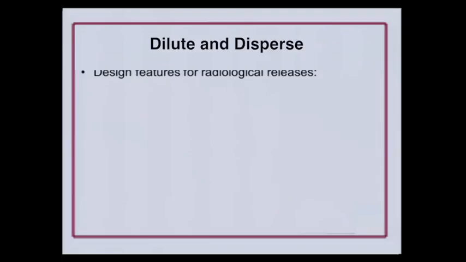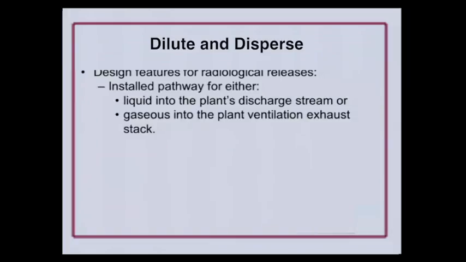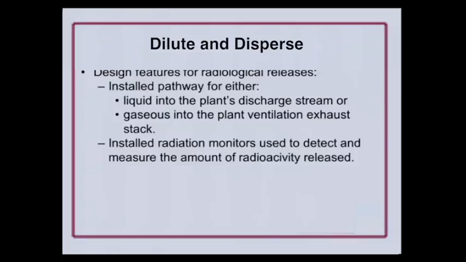Those include things like the installed pathway for either liquid into the plant's discharge stream or gaseous into the plant's ventilation. Either way, it's a dilution and dispersion. The release path has installed radiation monitors. They are there to detect and measure the amount of radioactivity that's being discharged. And it usually has some recording device even associated with it.